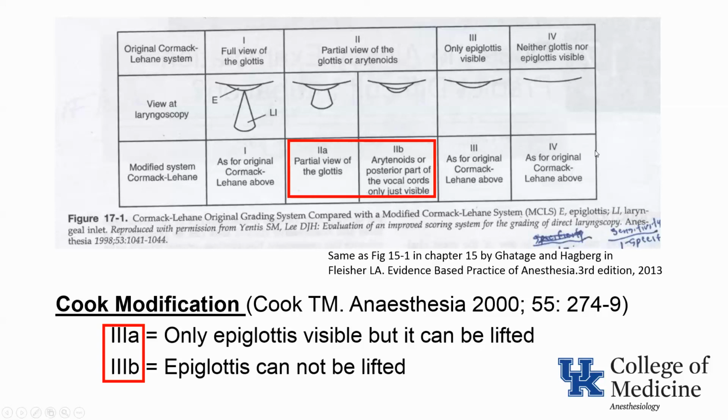Cook then modified class 3 into those in which the epiglottis was visible but could be lifted, and class 3B when the epiglottis was visible but could not be lifted.